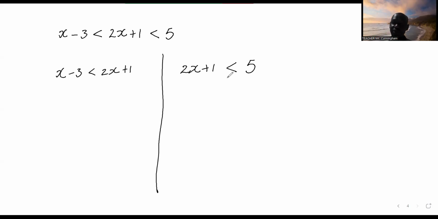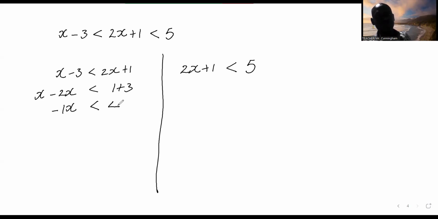Right? So in this case, people, you have to do the work twice. So this will now be x minus 2x, 1 plus 3. That's negative 1x, people. It's equal to 4. So now when I divide by -1, once you divide by a negative, the sign changes. So now it will be x is greater than -4.